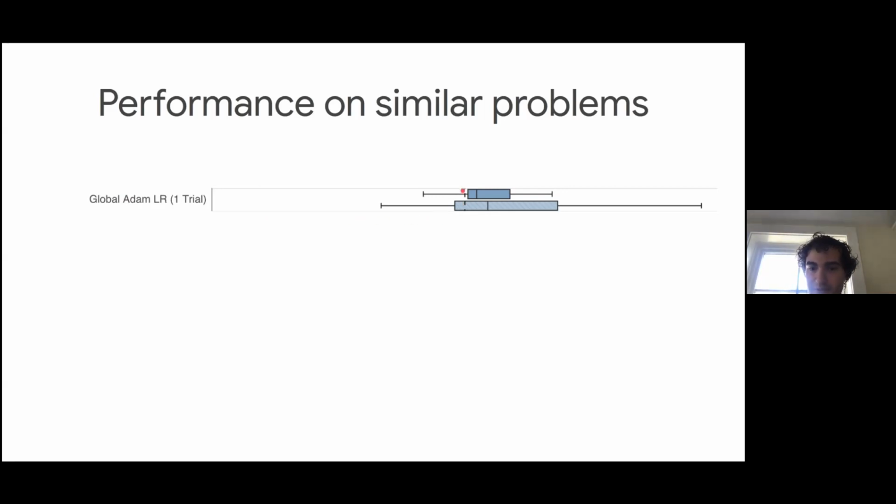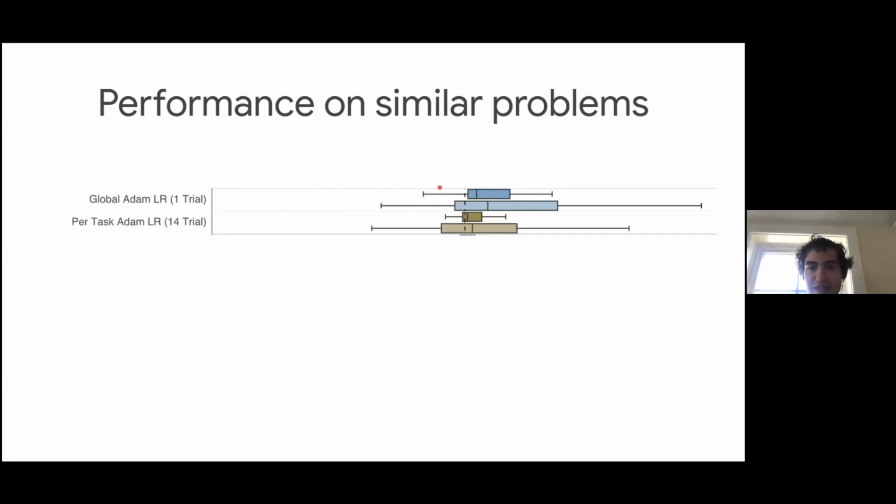So if you perform to the right of this dashed line, the learned optimizer is performing better than this learning rate tuned Adam. To the left is worse. And I'm showing two different distributions of problems we test on. There's an IID distribution, which is part of the training distribution. And then there's a test distribution, which is a slightly different distribution of problems that have not been seen during training. And what we see, as compared to a single trial of Adam, is that we perform better.